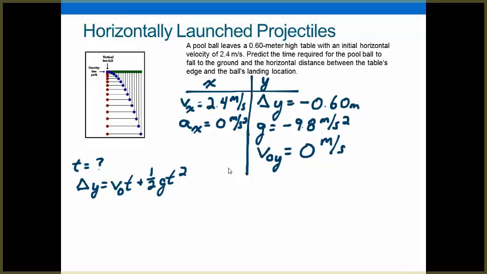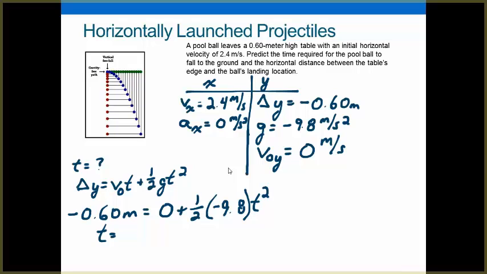Since I'm dealing with the vertical motion, I'm going to look only at the numbers in that vertical column. We know how far down the object is going to fall. We know our initial velocity is 0. We know gravity is negative 9.8. So I need to solve for time.